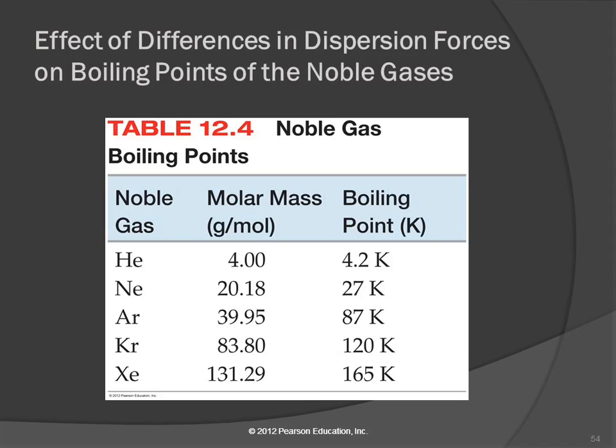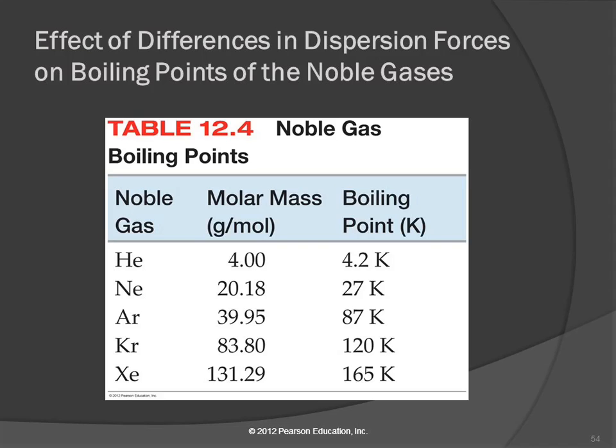And then we can see, by looking at their boiling points, a reflection of the strength of those dispersion forces. Something with strong dispersion forces, or strong intermolecular forces of any kind, is going to have a higher boiling point because it boils when the kinetic energy is sufficient to break free from those forces that are holding it together.